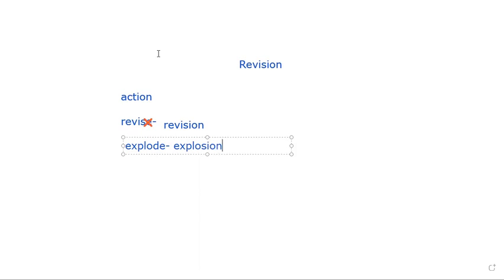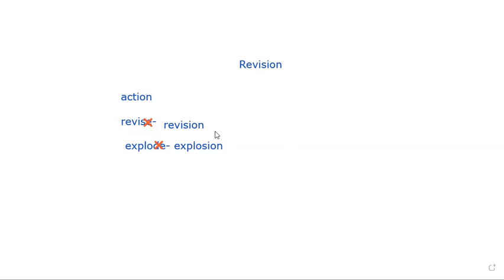Okay, so what we did here is that we removed the DE from the verb and then we added the suffix SION to make it from explode, the verb, to explosion, the noun. Okay, this is a rule.